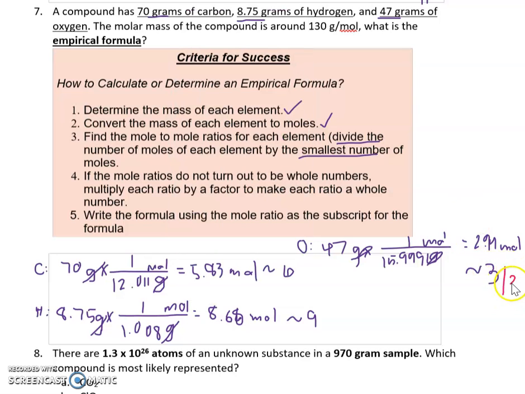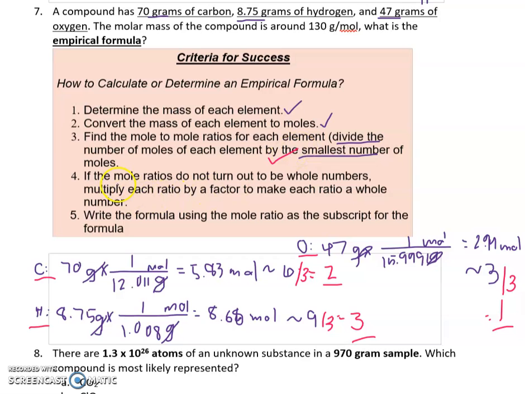If I divide by 3, one is equal to 1, 6 divided by 3 is 2, and 9 divided by 3 is 3. So I have 2 moles of carbon, 3 moles of hydrogen, and 1 mole of oxygen. And I can no longer get these numbers to a smaller ratio because I can't divide anything to make them smaller. So I did number 3.